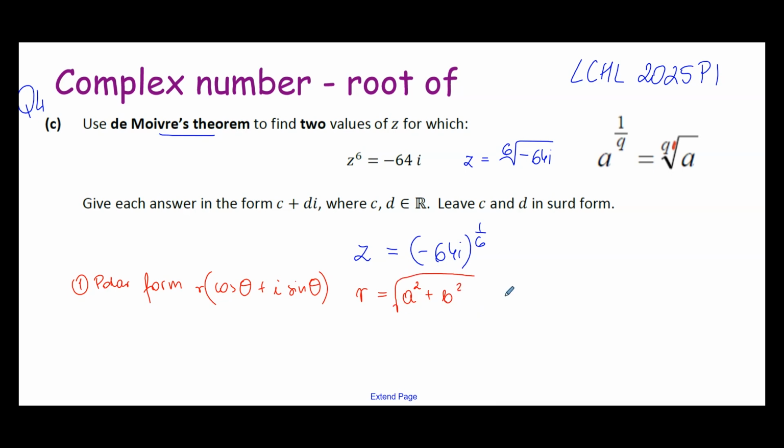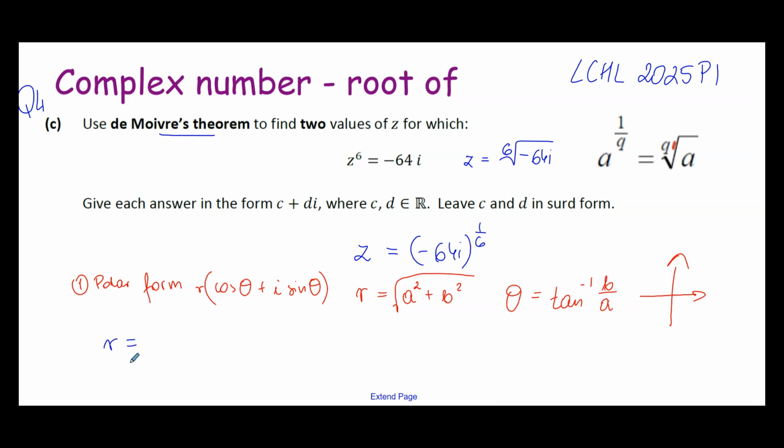Together that gives me the value of r. The value of theta will be tan to the power of minus 1 of the b value, the number that stands beside i, over the real value. And we always need to consider where that number is in the context of the diagram.